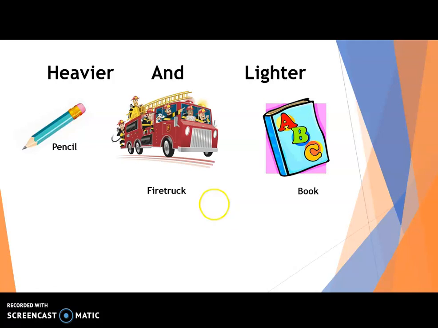Based on your observation, you can say now that the fire truck is heavier than the book. Yes or no? Yes. Another guess. The fire truck is heavier than the pencil.